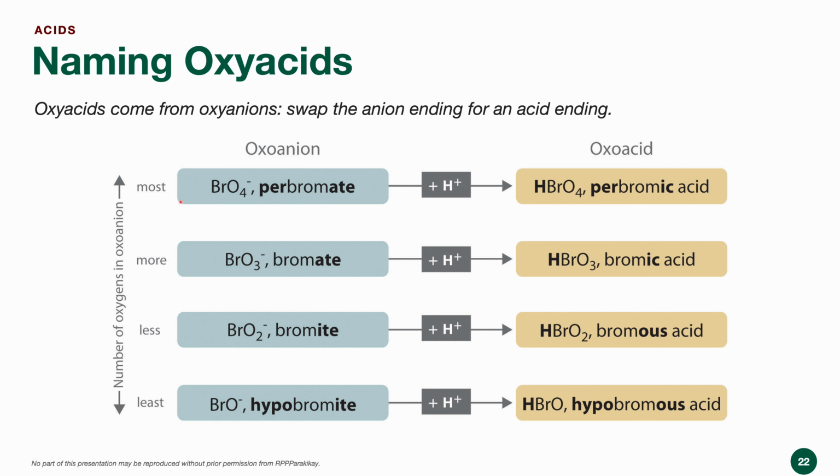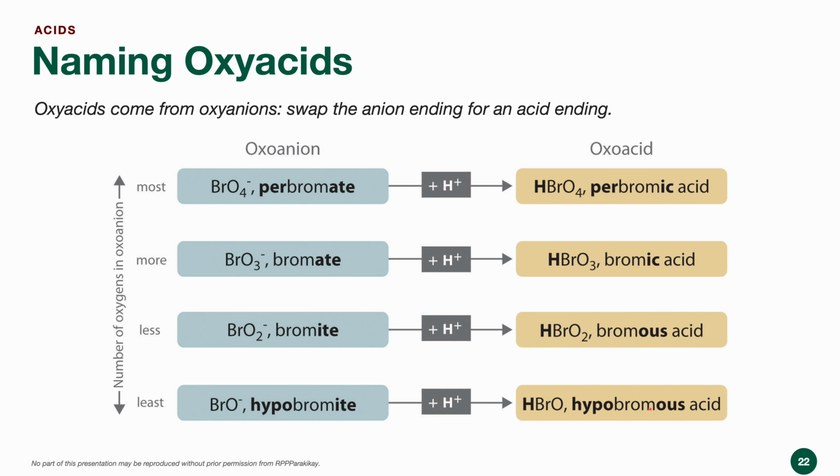That's why in bromine, that will be perbromate, bromate, bromite, and hypobromite, if we are talking about the oxoanion. But if we are considering the oxoacid name, if it is bonded with a hydrogen atom, the oxoacid name will be bromic acid, bromous acid, and hypobromous acid.